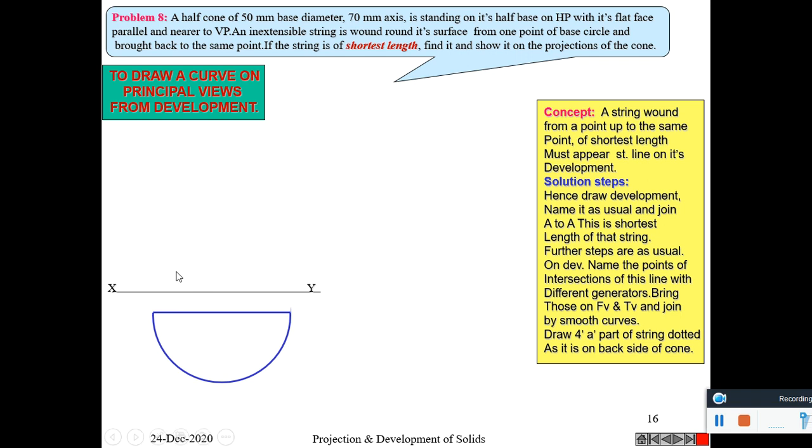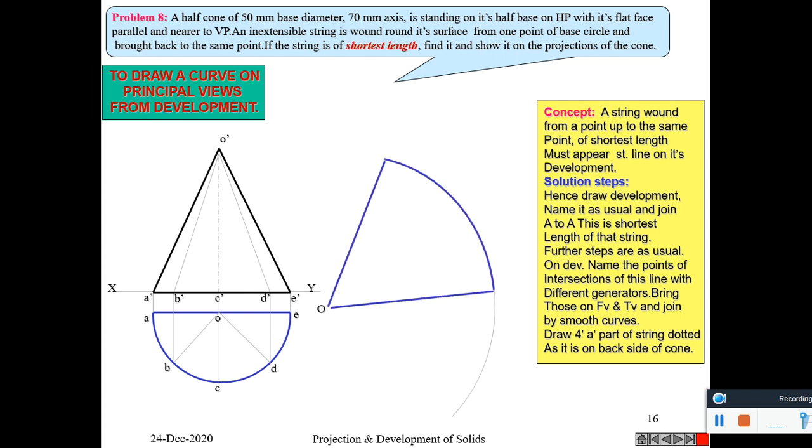So this is the half cone of 50 millimeter base diameter. It is placed in such a way that this face is parallel to VP. The flat face is parallel and nearer to VP. So draw its front view.